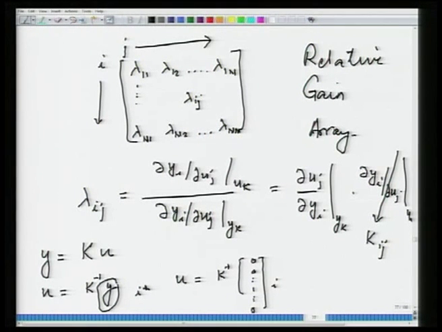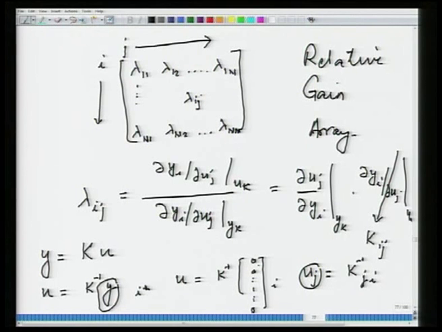And therefore, what I will get is the jth element, because I must look at the change in the jth element, uj will be equal to k inverse j comma i. The j ith element of the k inverse matrix will correspond to uj.